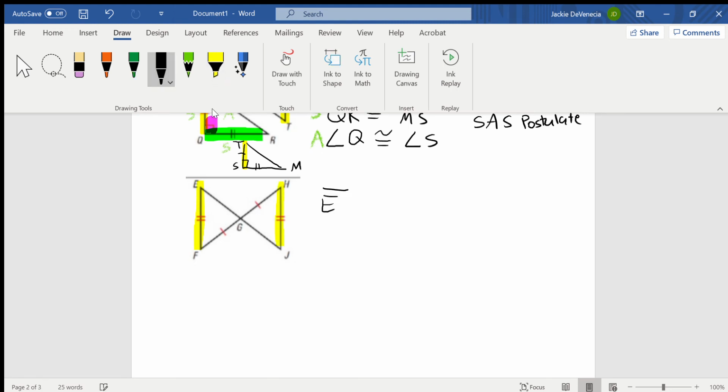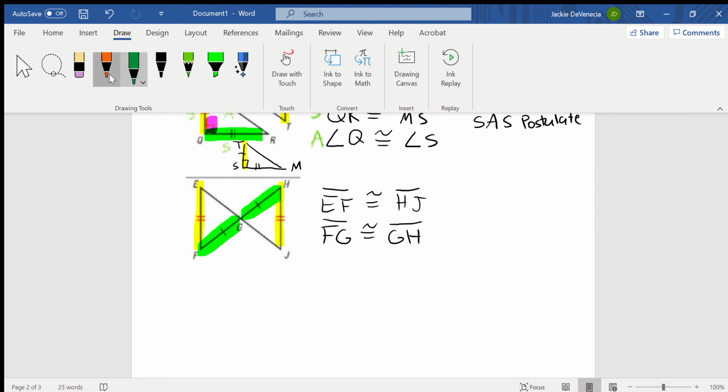Line EF is congruent with HJ. And then we have line FG matches with GH. FG is congruent with GH.